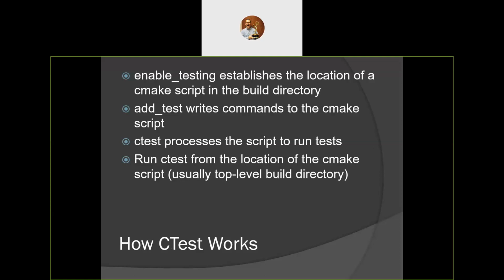So when you configure your CMake build, enable_testing will establish the location of the CTest script. add_test will scribble additional commands into that script. And after the configuration step is finished, you will have a CTest script that represents all the commands necessary to run all the tests that have been described by your build.